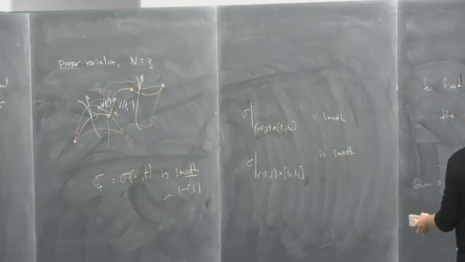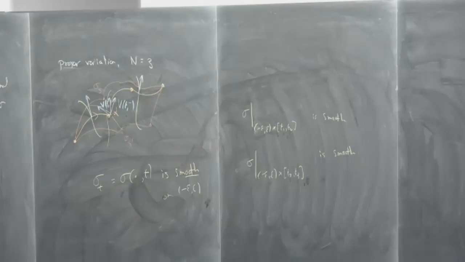I just thought your original definition didn't require it to be smooth in S, only continuous. No, it did, because I said smooth on (−epsilon, epsilon) times [t_{k−1}, t_k] for every k. And that means smooth in both variables, right? Well, I thought the original definition only said it had to be continuous, not smooth.